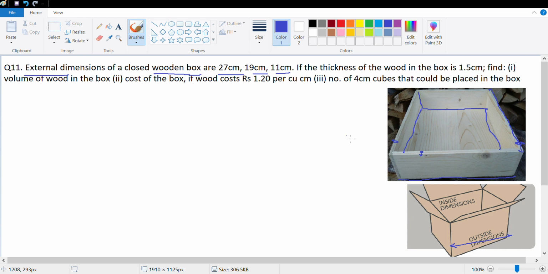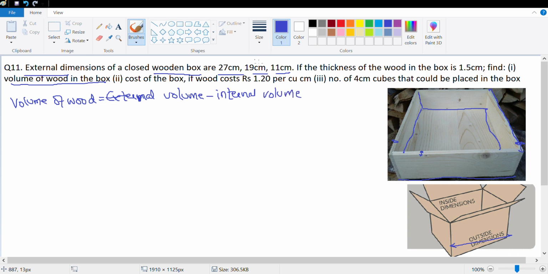Perfect. So let's look at the question. External dimensions are given as something. So we need to find the volume of the wood. So we know that volume of wood would be equal to external volume minus internal volume.